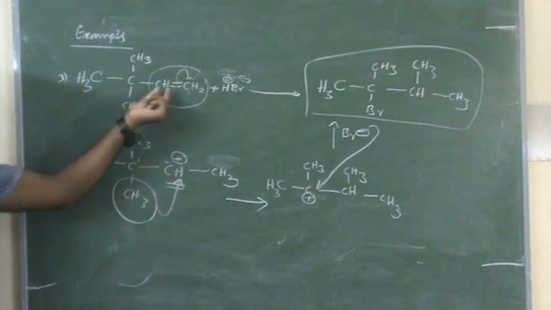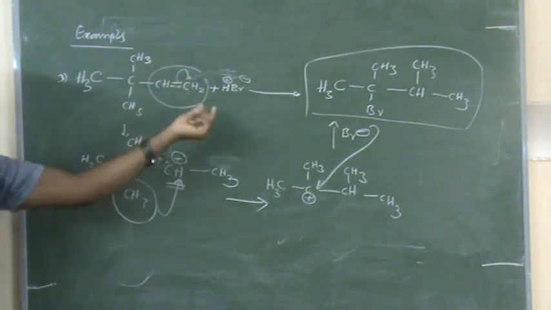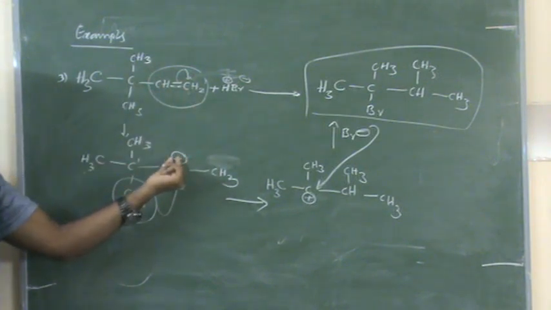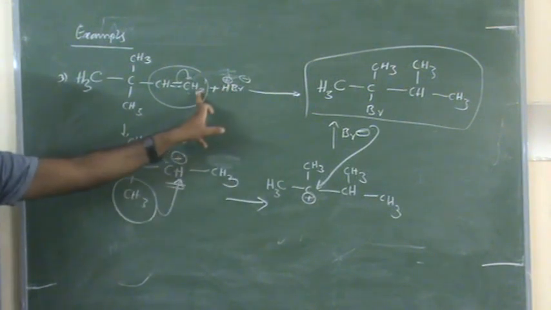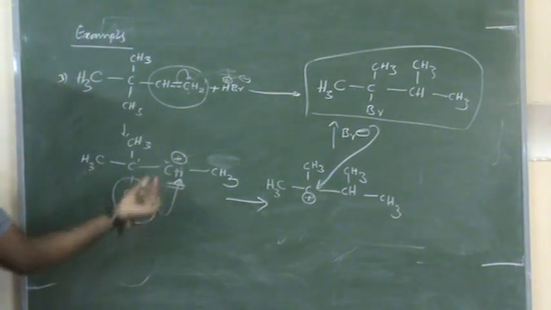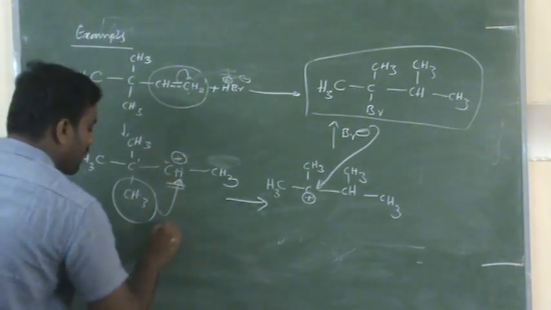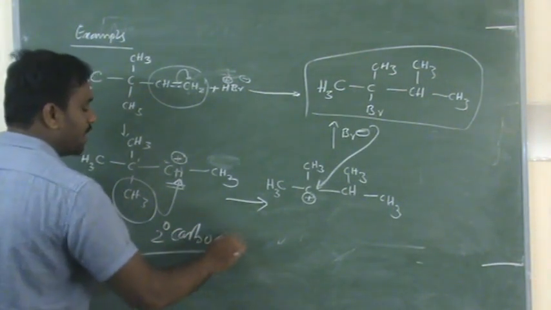Are you following us? Initially the H plus is attacking, the pi electrons migrate here, then we get the negative charge here and the positive charge here. After getting the negative charge, the H plus is immediately attacked. Then this CH3 becomes CH3, and this positive charge is on a secondary carbon, that's why it is called a secondary carbocation.